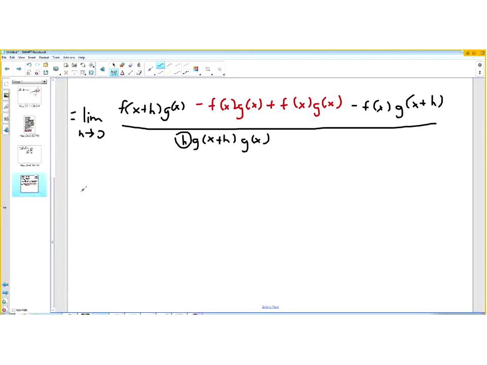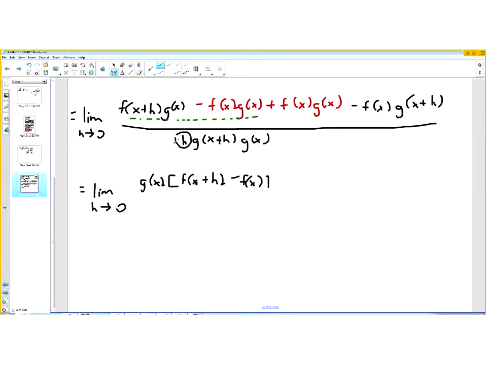And so I'm going to do a couple of algebraic steps all at once here. So I'm going to have the limit as h approaches 0, and the first thing I'm going to do is factor out g of x from these two terms right here. So I'm going to have g of x times f of x plus h minus f of x.